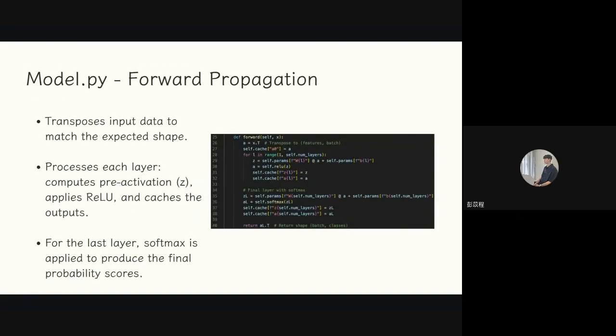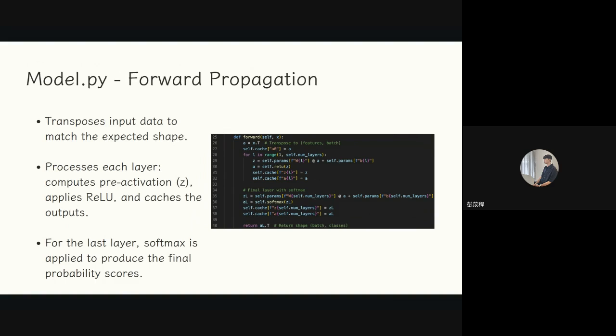Okay, so next is forward propagation. In the forward method, the input data is first transposed so it matches the expected shape. Then for each layer, the method calculates the linear combination with weights and bias, applies ReLU, and stores the intermediate value in a cache.